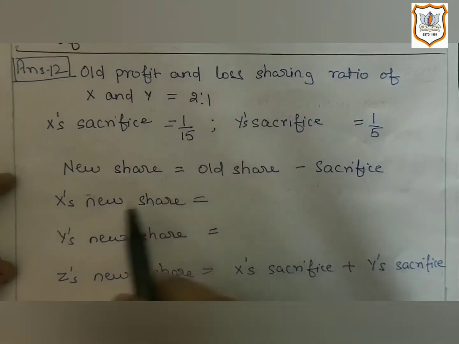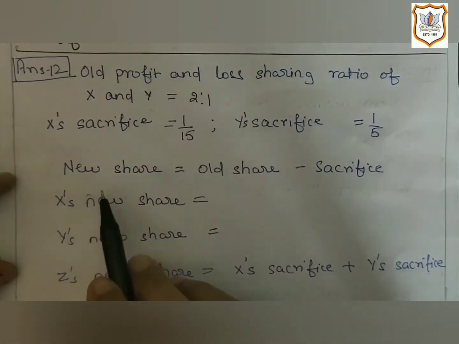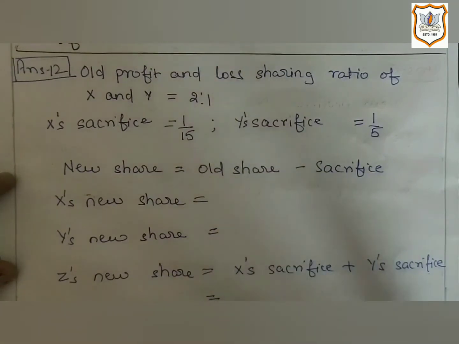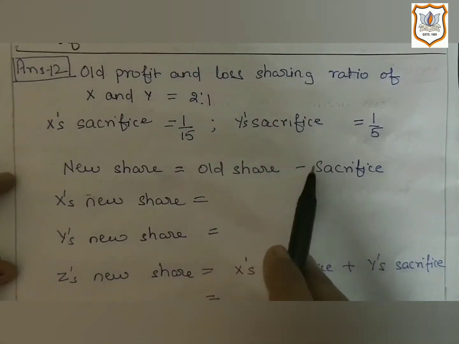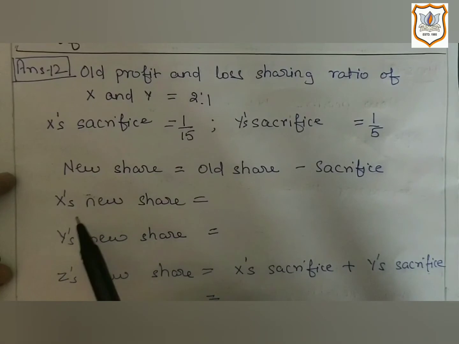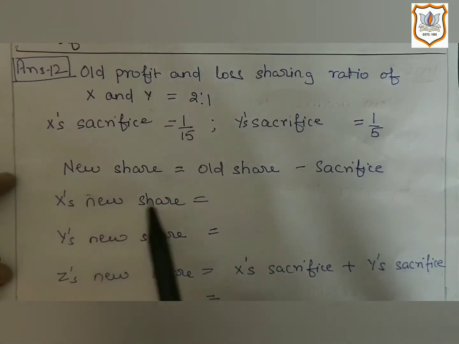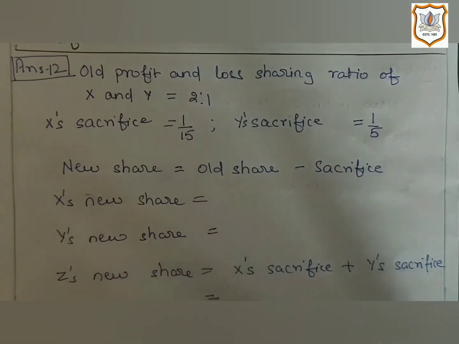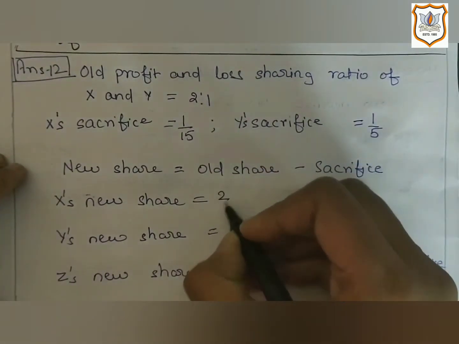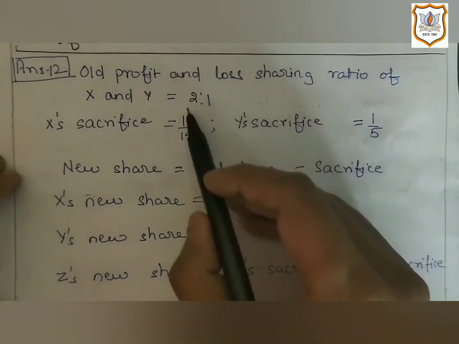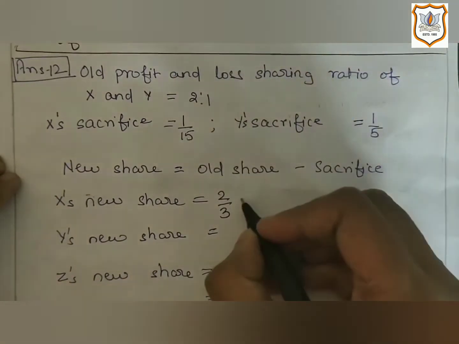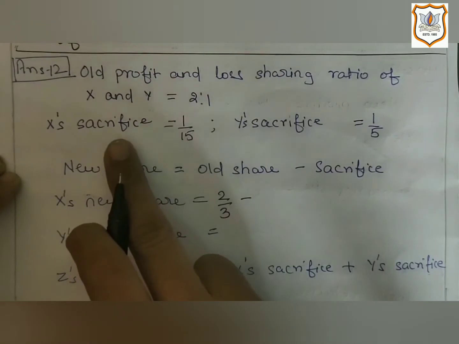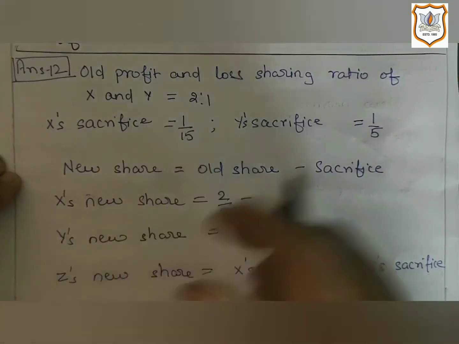So here for X, formula is new share equals to old share minus sacrifice, and we have both the informations. So first calculate X new share. X old share was 2 by 3 according to the ratio of 2 is to 1 minus, here we are given information regarding X sacrifice, that is 1 by 15.